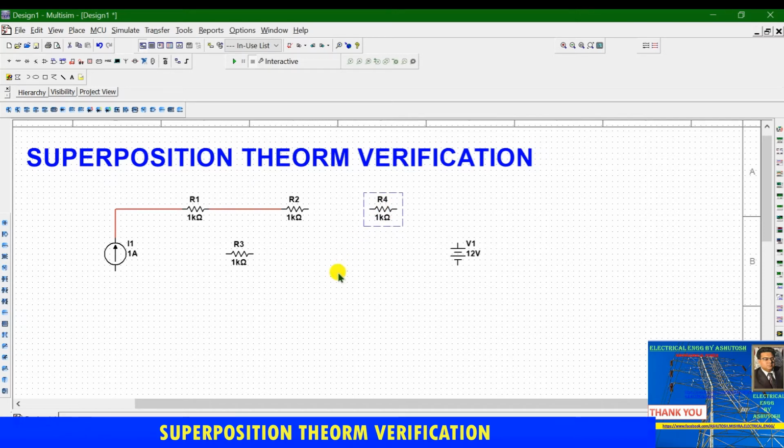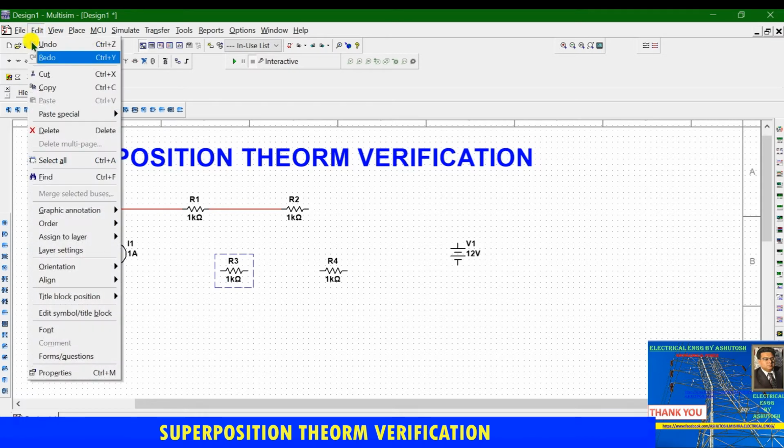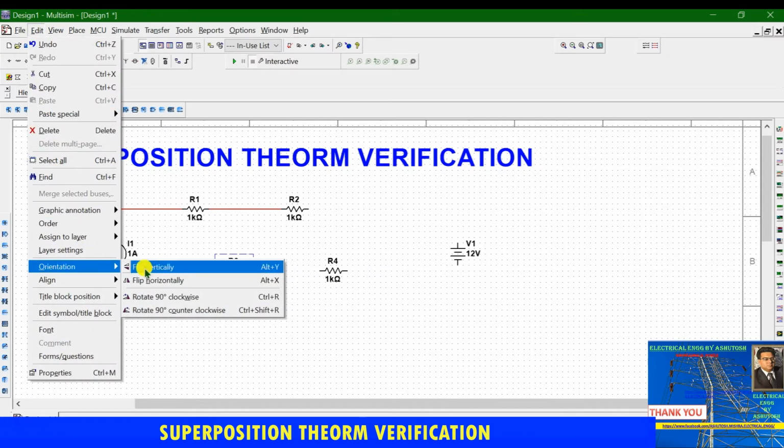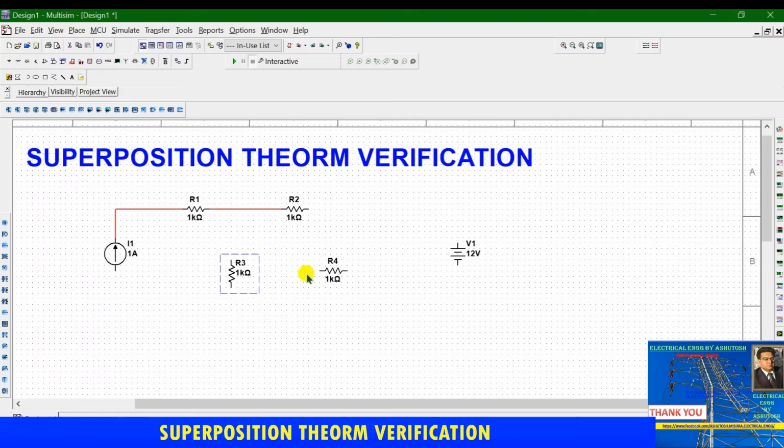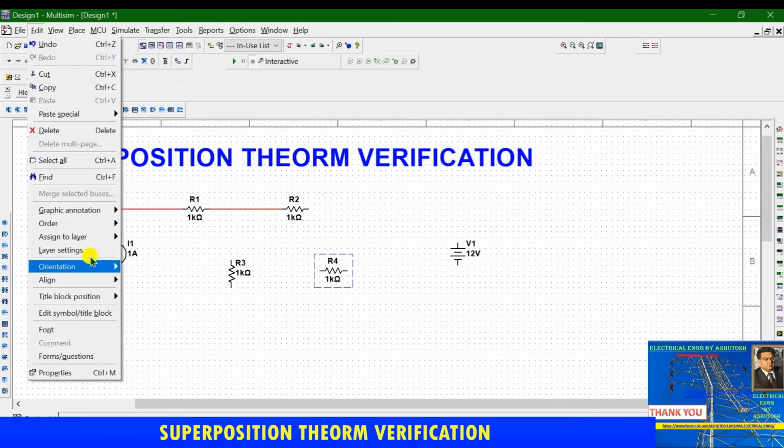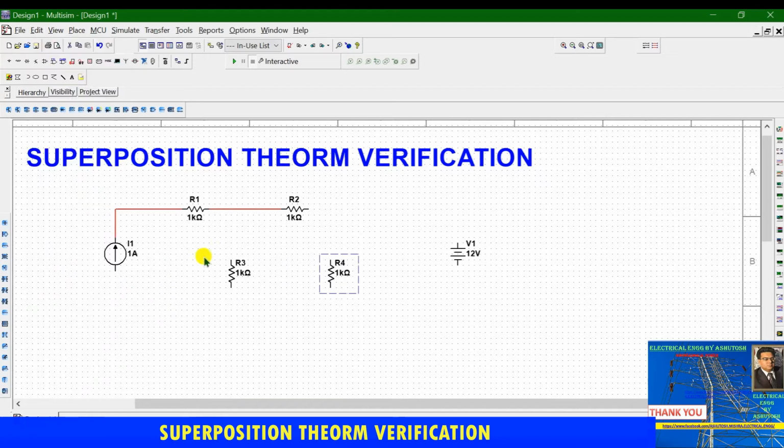Then these resistances are rotated 90° clockwise, and this one is also rotated 90° clockwise, so that you can join these resistances in the circuit.